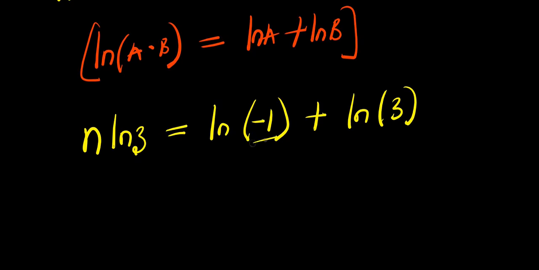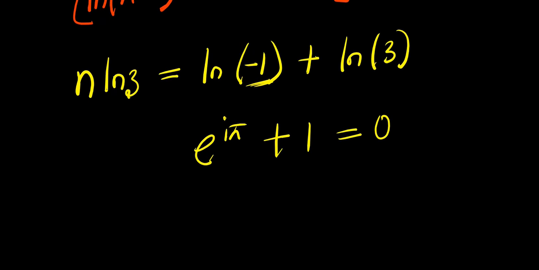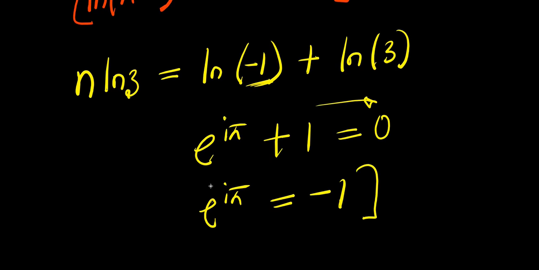Now, what can we do here? We have -1. Remember, if you have e power I times pi plus 1, this will give you 0. Meaning that e power I times pi is the same thing as -1, taking this over here. So let's substitute this e power I times pi for -1 here.